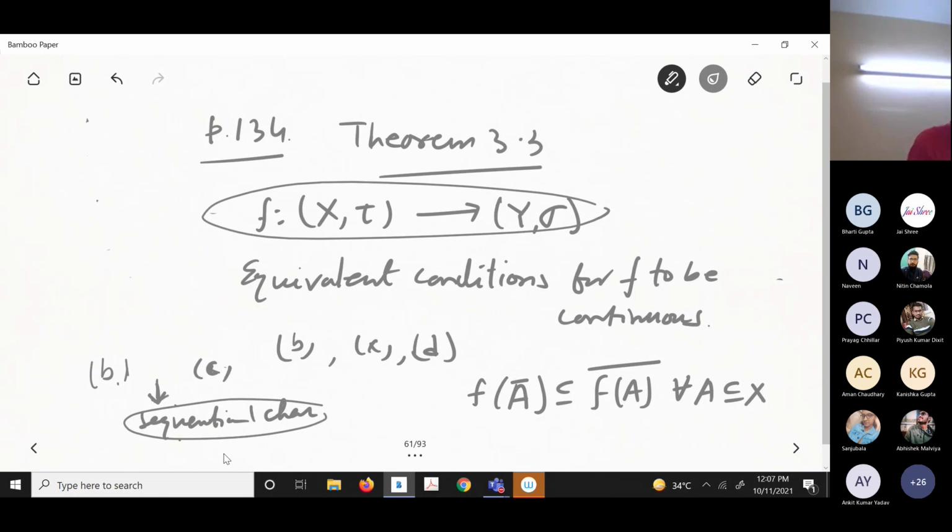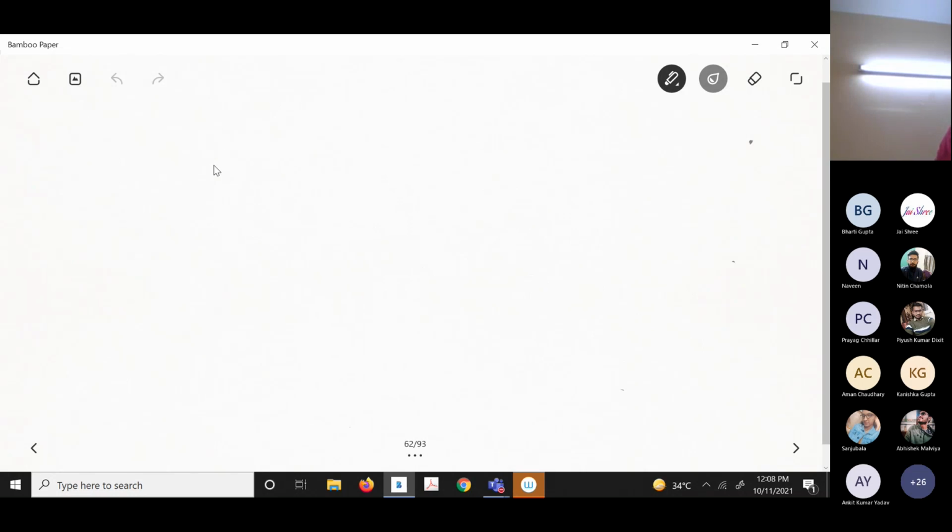Sequence is inadequate to characterize many things. Here I have not talked about it. Sometimes I told you that when you have something inadequate, so sequence in general is inadequate to characterize many things.